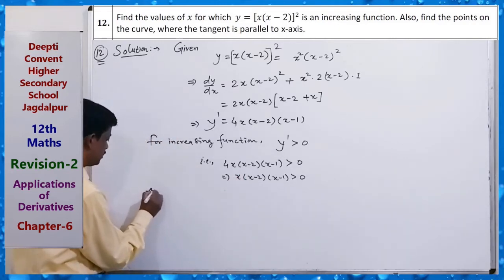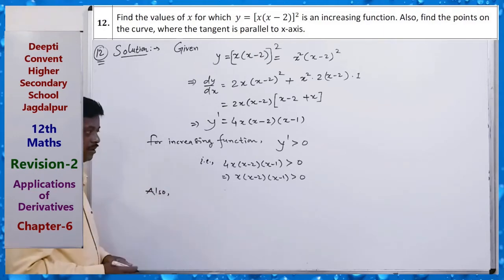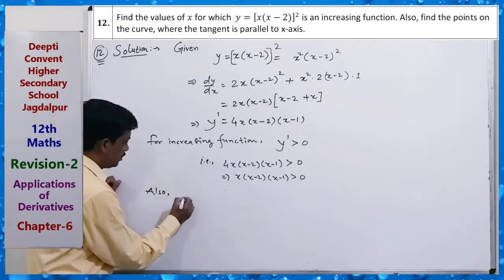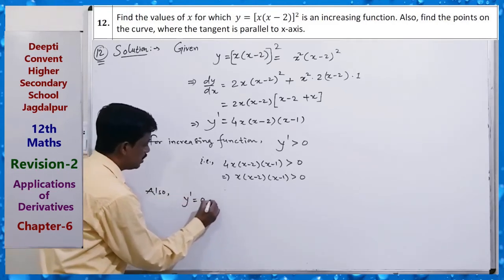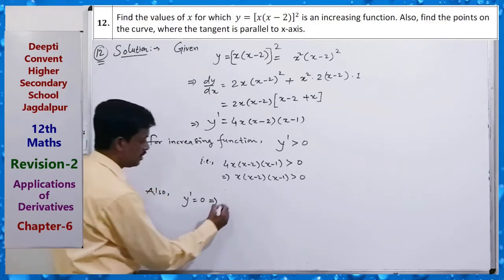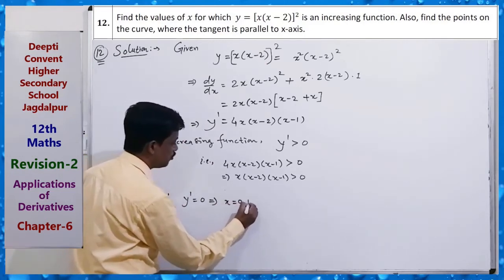Also, y dash equals 0 gives x equals 0, 1 and 2.